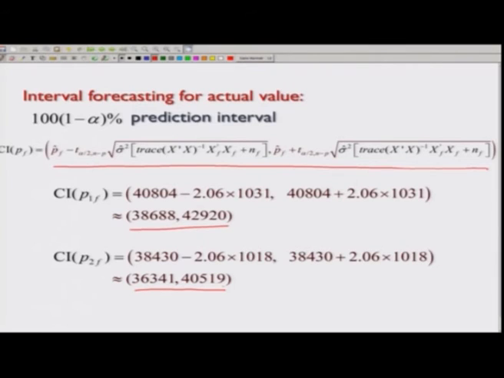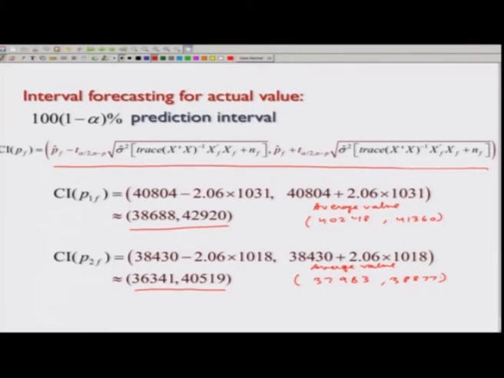Okay. Now, you may also observe one thing over here, that earlier when we tried to forecast the average value, in that case, corresponding to the first set of observations, the prediction interval was 40248 to 41360, and in the case of the second set of observations, this average value prediction interval was 37983 to 38877.